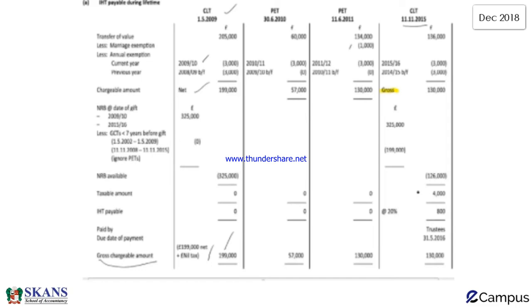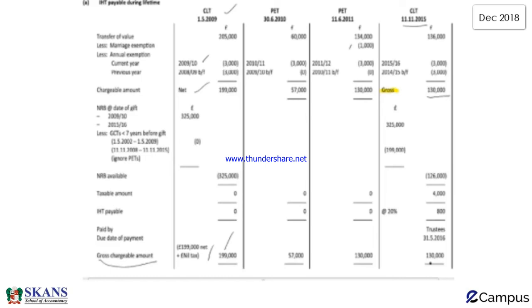As trustees have to pay the tax on this, the applicable rate will be 20%, and this is the lifetime tax which we need to pay. As trustees were paying the tax, it was already a gross chargeable amount, so we need not add this 800 to it, and the gross chargeable amount remains 130,000.